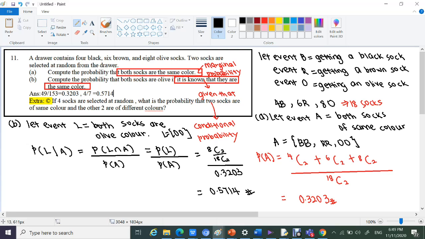And then for the extra question C, if 4 socks are selected at random, what is the probability that 2 socks are of same color and the other 2 are of different color? How to solve for this?